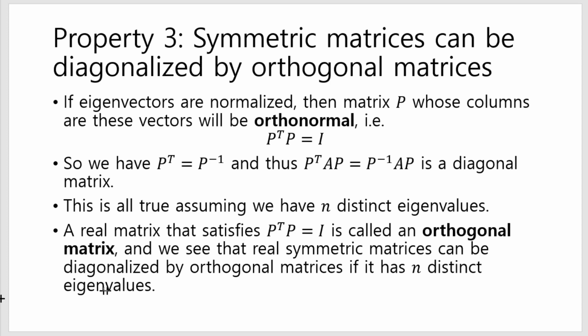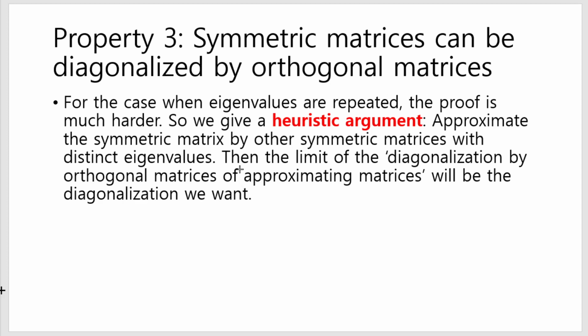Now, that clears up a lot of things, but as I said, not all symmetric matrices have distinct eigenvalues. So what do we do when we have some symmetric matrices with some of the eigenvalues being equal? Well, in that case, we can only give a heuristic argument, because to actually go through the proof, you need a completely different approach. You probably need one semester worth of linear algebra to understand what it means.